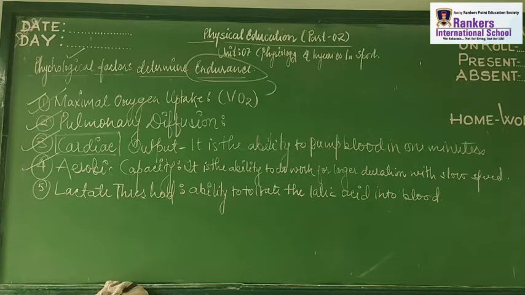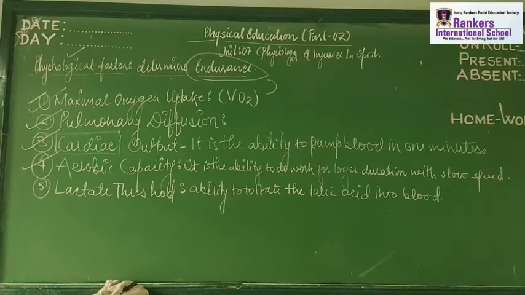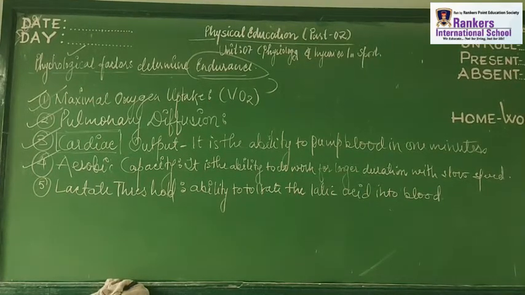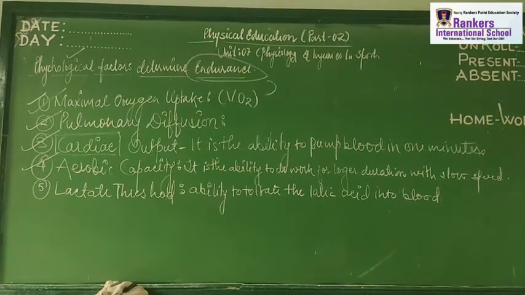The sixth point is blood volume and flow. Endurance activity needs a sufficient amount of oxygen and nutrients, which are transported by the blood. Regular training increases the hemoglobin in the blood, that is the red blood cells, and increases the blood plasma, so endurance is boosted.